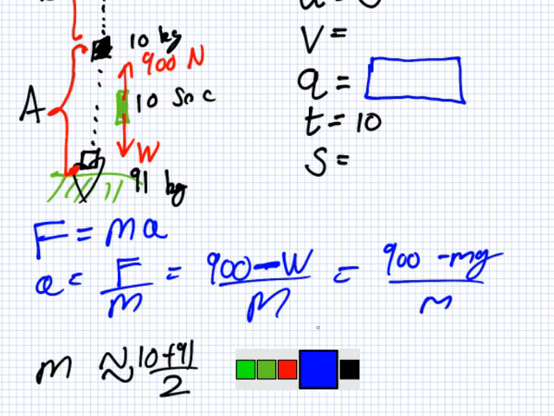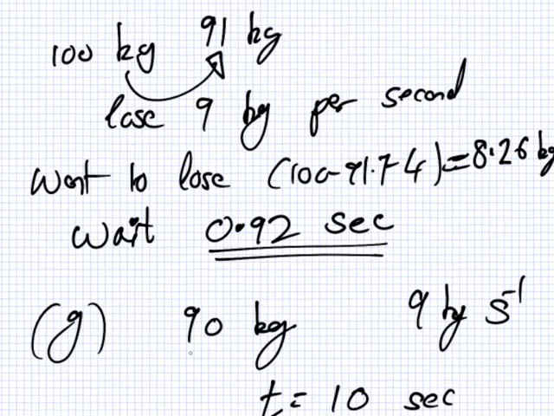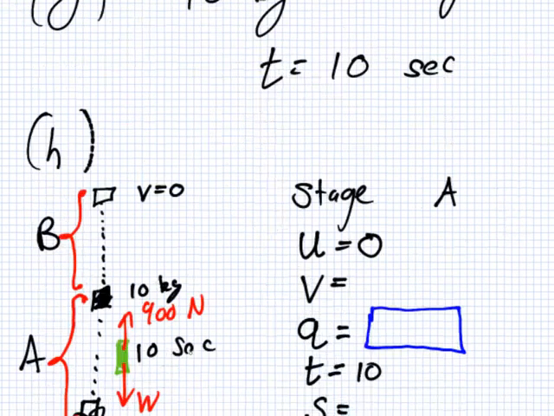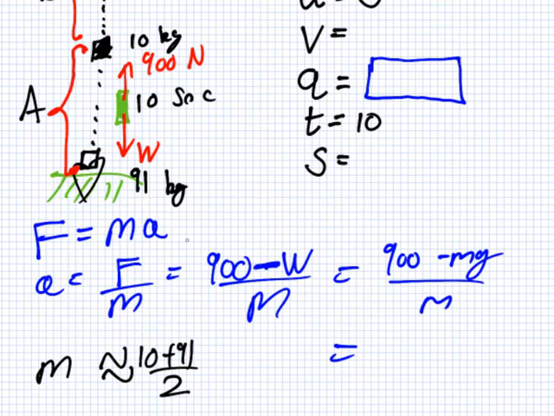Sorry, I know it's not 91, it was something like 91 point, what was it? 91.74. Right, 10 plus 91.74 divided by 2.